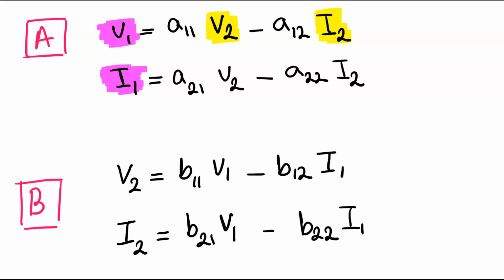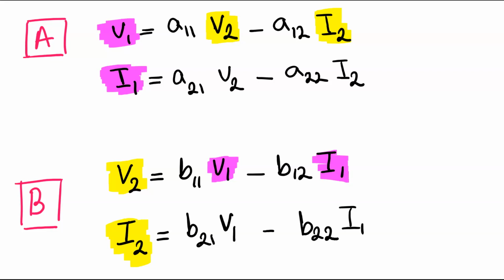As you can see, this time my dependent parameters are the output parameters, and my independent ones are the input parameters. Now, in order to see how we can find these parameters, I'm going to focus on each one separately. Let's start with A.